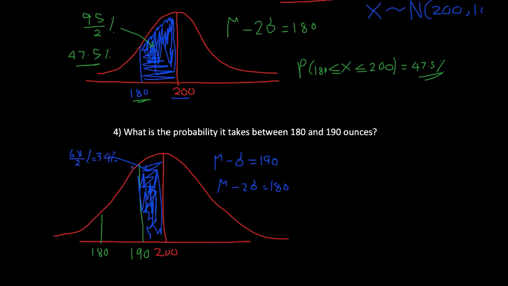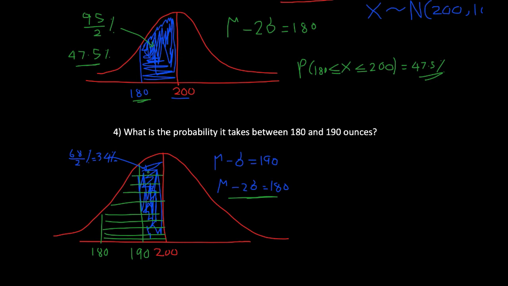This equals 34%. Alright. So next, mu minus 2 sigma. Mu minus 2 sigma is the 2 standard deviation. So it goes from 180 to 200, the area with green lines you see.